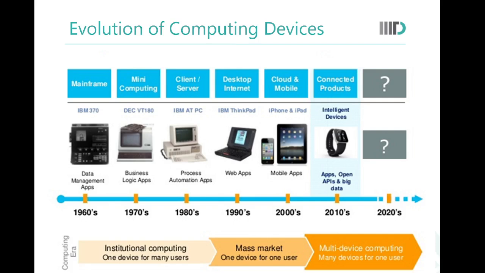Then the mainframe computers were introduced in the 60s. They were primarily used for data management applications, and they were primarily used in big institutions. So, several users would be using the same computer on a time sharing basis and so on.